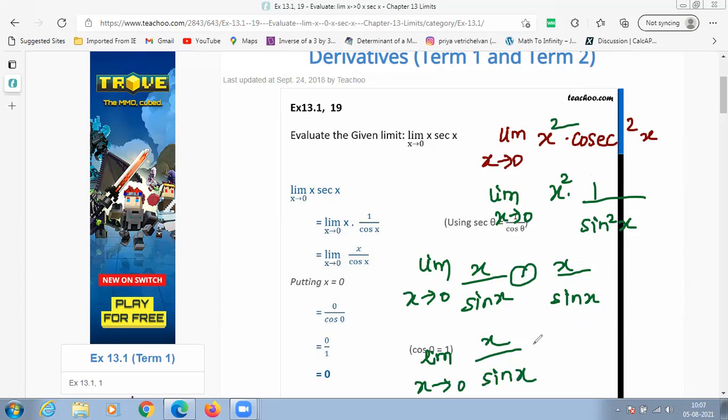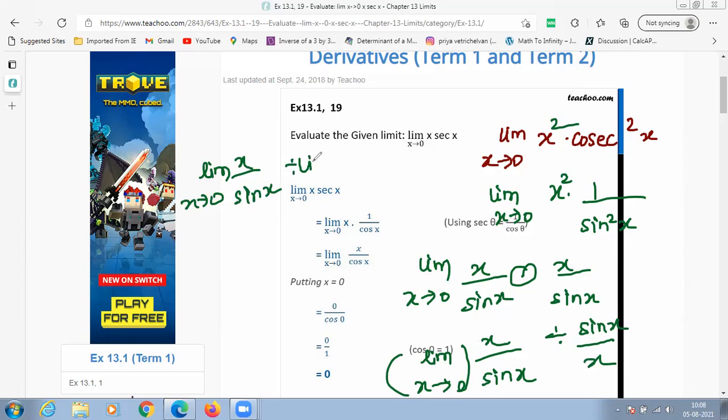So this multiplication can be written as division, and it will become sine x upon x, and you can distribute this limit into two expressions. So that will become limit x approaches 0 of x by sine x divided by limit x approaches 0 of sine x upon x. So this can be written as 1 according to the limit property.